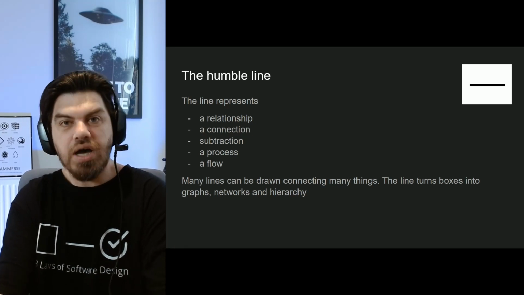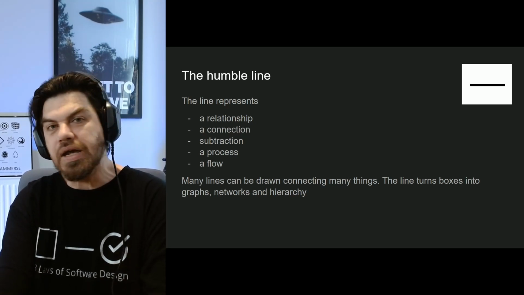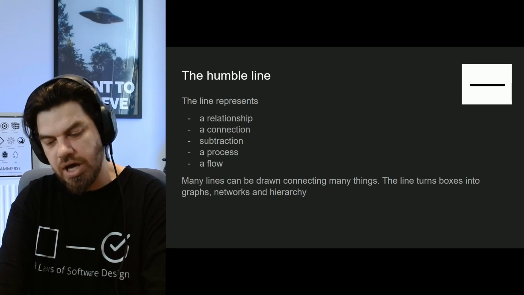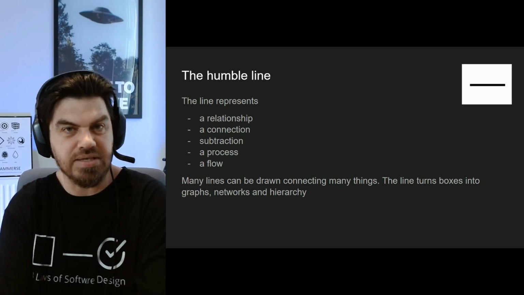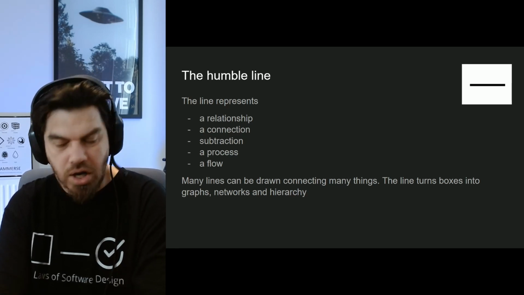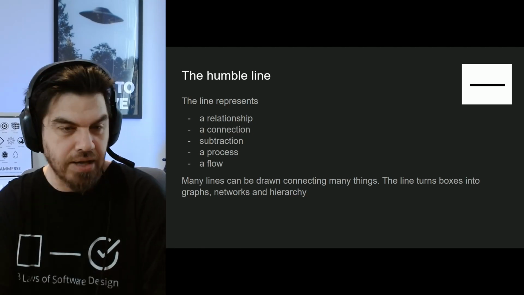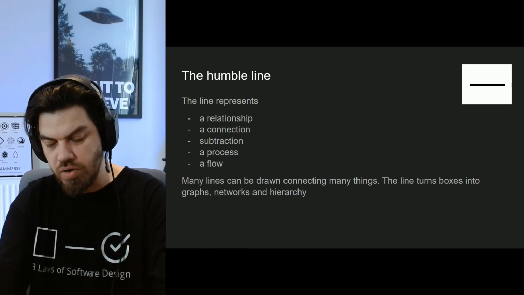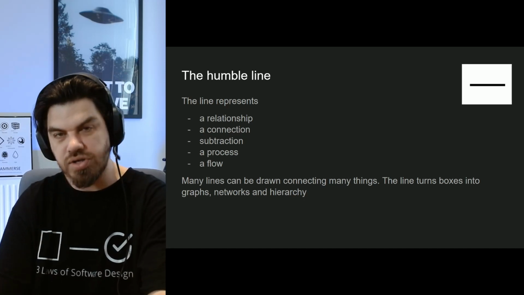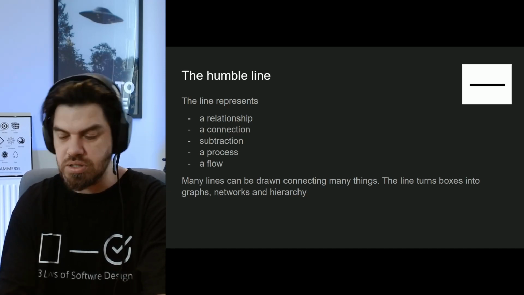Now, the line is also representative of coupling because we couple this to that, and that makes a system. And there's hierarchy, and there's connections, and there's process and flow. So for process, you draw a line, you can draw a box overlaid on that line at one point, and you draw another.